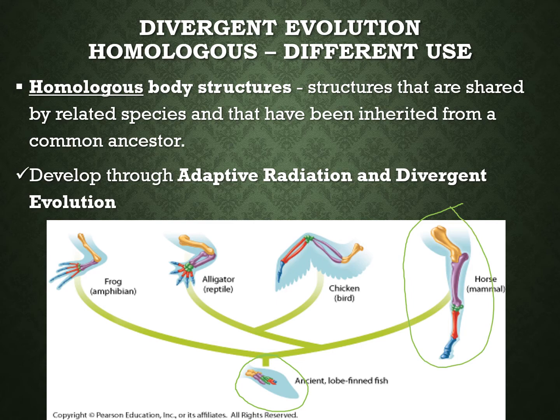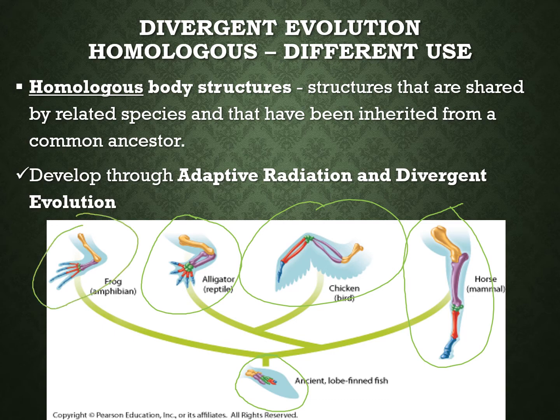In a chicken, it's the chicken's wing. We have here the alligator, the reptile's arm and claw. And then we have a frog or an amphibian's leg.